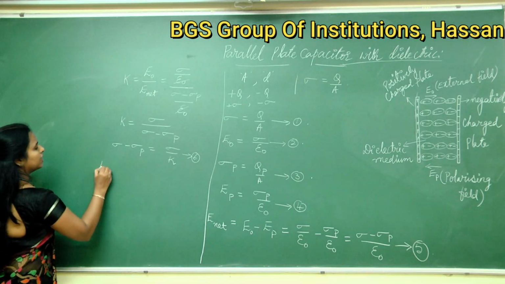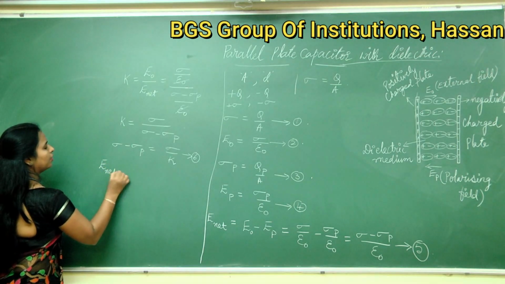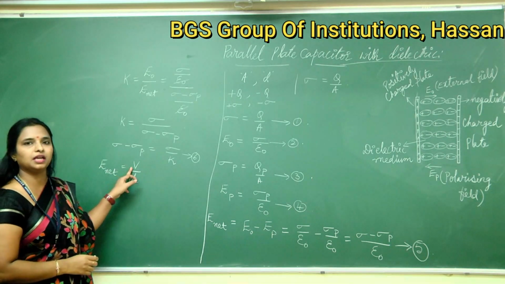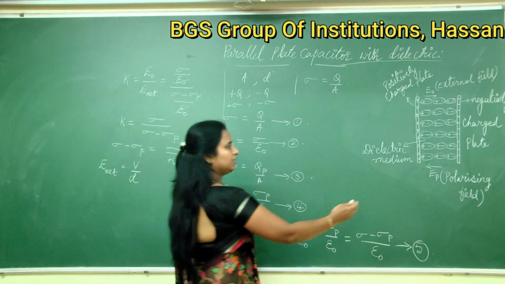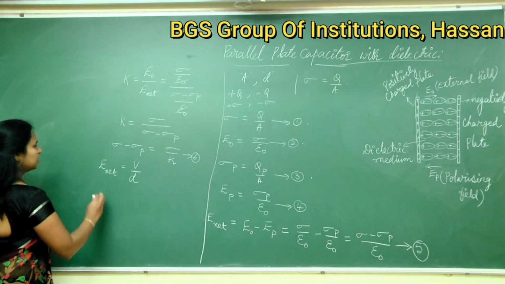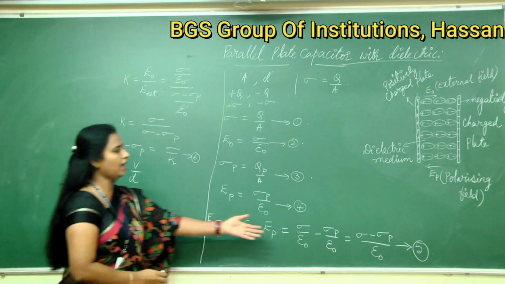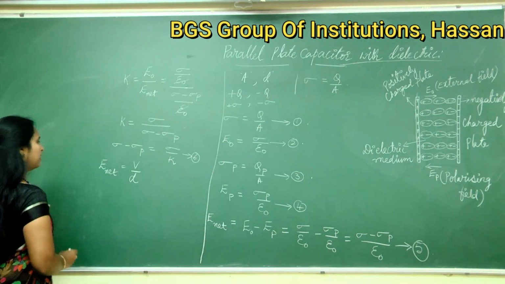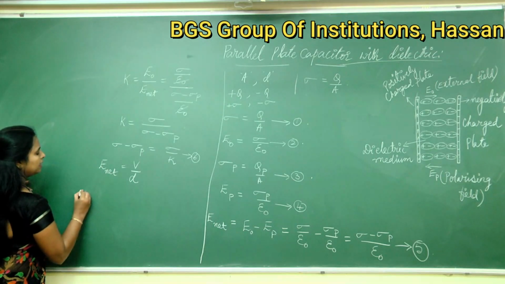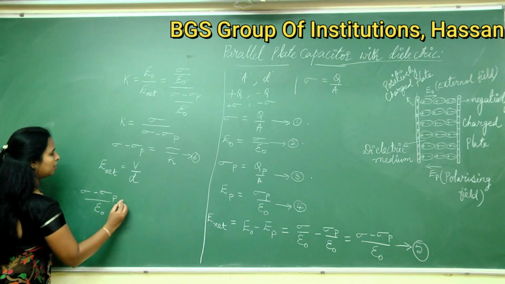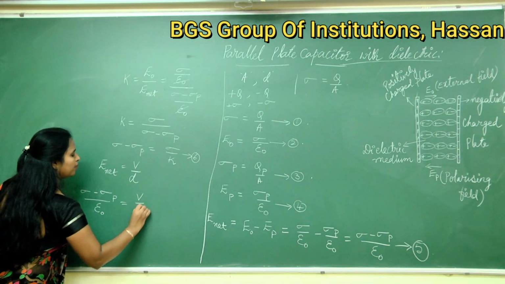Consider that equation, E net is equal to V by D, where V is the potential and D is the distance between the plates, or the distance between the conductors. We already have equation 5, which gives the expression for E net. Substitute it here: sigma minus sigma P divided by epsilon naught is equal to V by D.